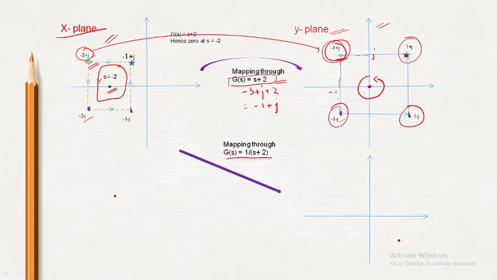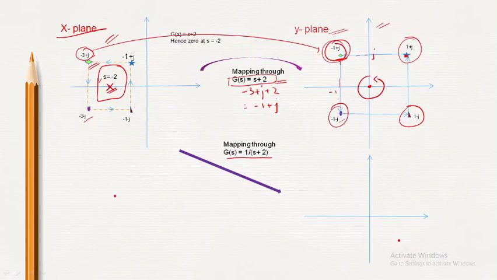Earlier I had taken G(s) equal to s plus 2, where the system had one 0 at minus 2. Now I have taken the reciprocal, and the system actually has a pole at s equal to minus 2.